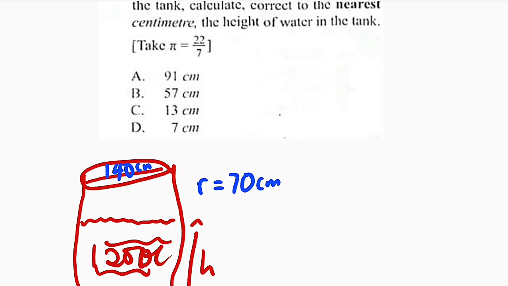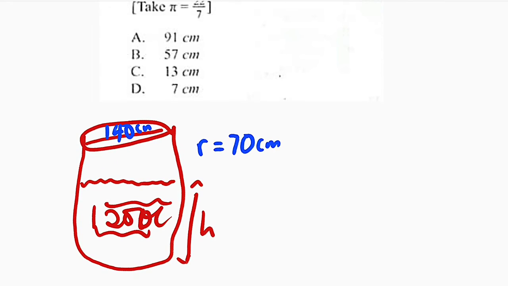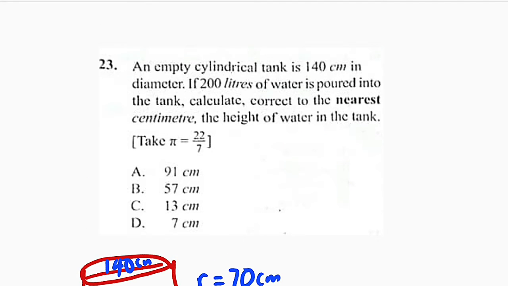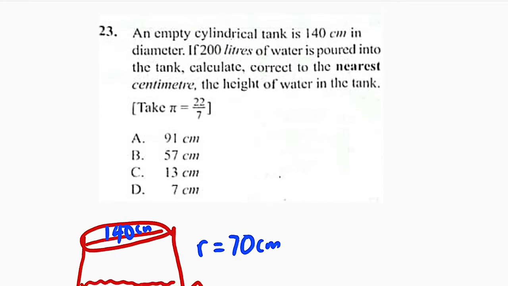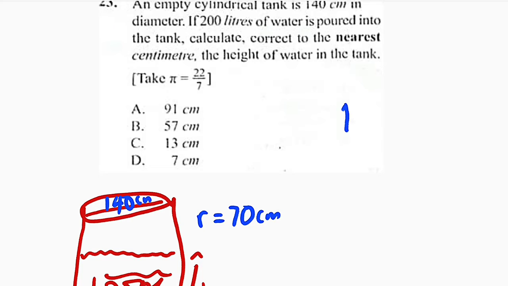So the next thing we need to find is what? Centimeter cube equivalent of this 200 liters, because we are dealing with centimeter here, but we are given the volume in terms of liters. And you should know that every 1 liter is equivalent to 1000 centimeter cubed.